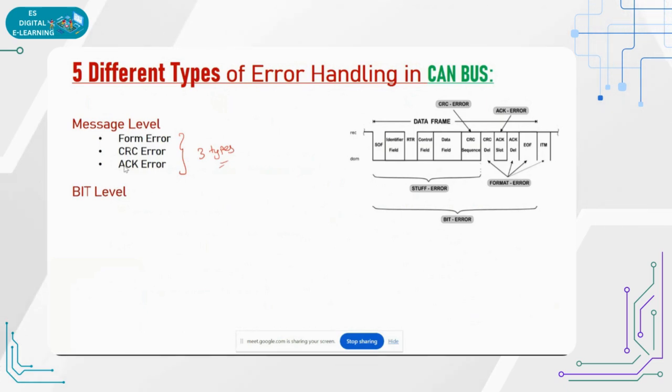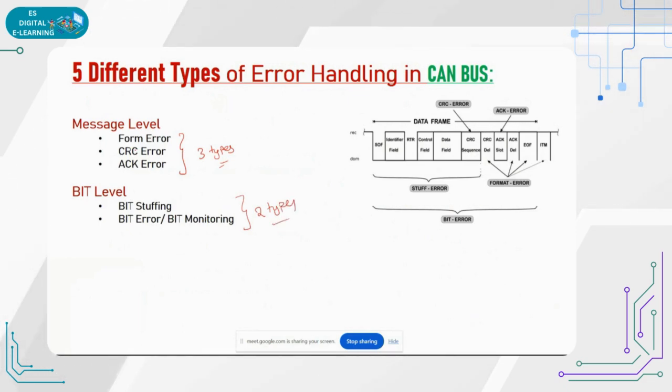On the bit level, with ones and zeros, we get the bit stuffing error and the bit error, or bit monitoring error. So these are the other two types. So totally, these are the five types of error, and they are split in two ways: one is the message level, and the other is the bit level.